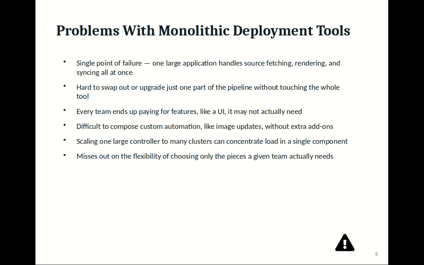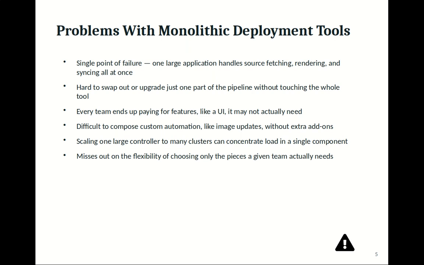Problems with monolithic deployment tools. Single point of failure: one large application handles source fetching, rendering, and syncing all at once. Hard to swap out or upgrade just one part of the pipeline without touching the whole tool. Every team ends up paying for features like a UI it may not actually need.